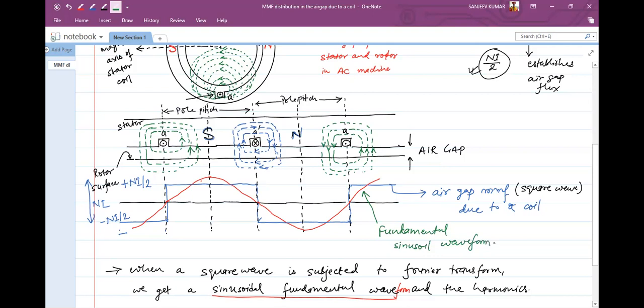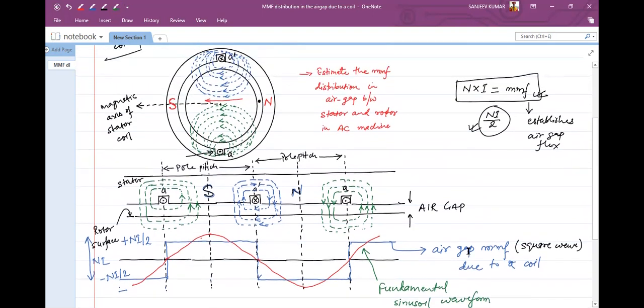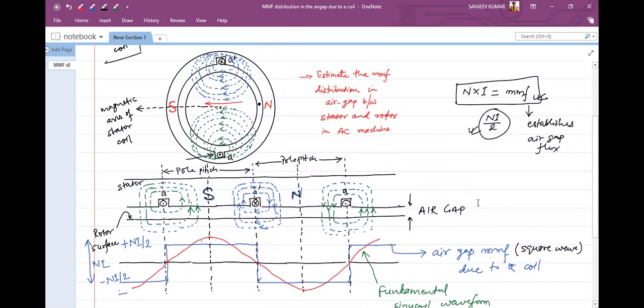Now we have seen that the actual MMF distribution in the air gap periphery is a square wave in nature, but this square wave may be decomposed into various sinusoidal signals, in which the fundamental sinusoidal may be drawn like this, plus there may be some other harmonics as well.